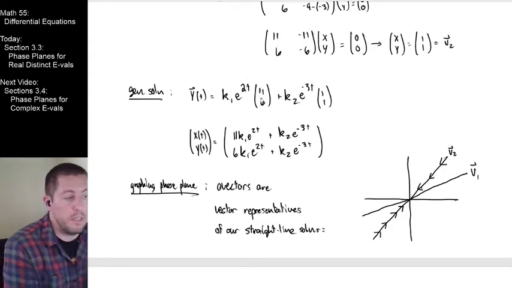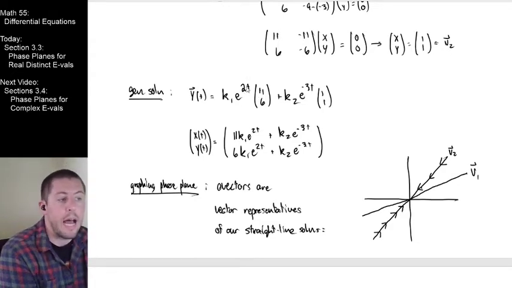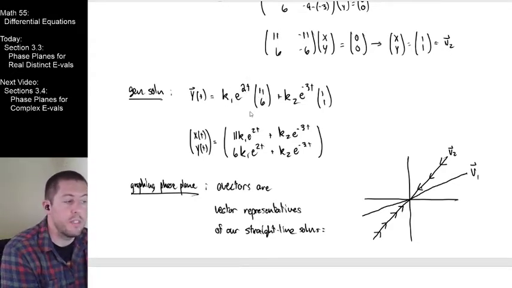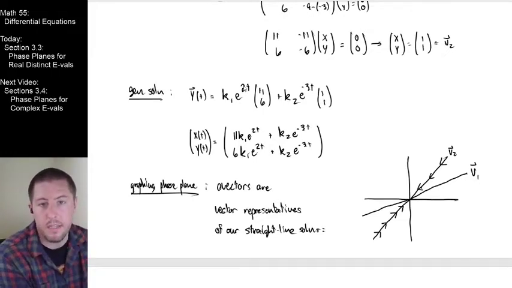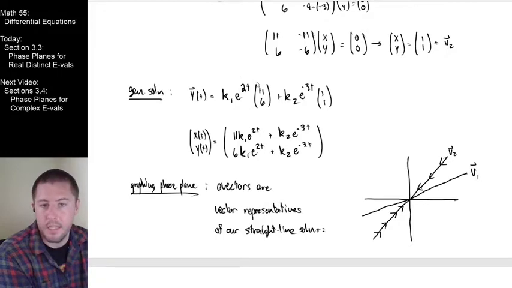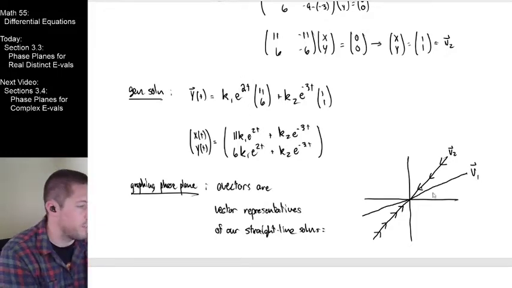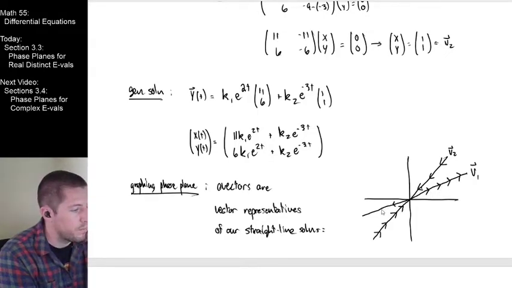As time goes to positive infinity, this represents growth. E to the positive 2t says as time gets bigger, this is a larger and larger number. So we're going to experience growth along this straight line solution, growing away from the origin right there.